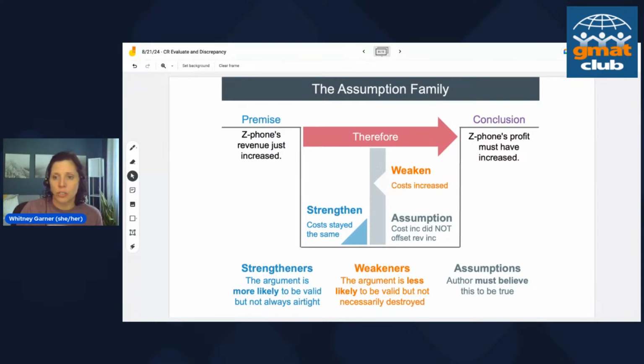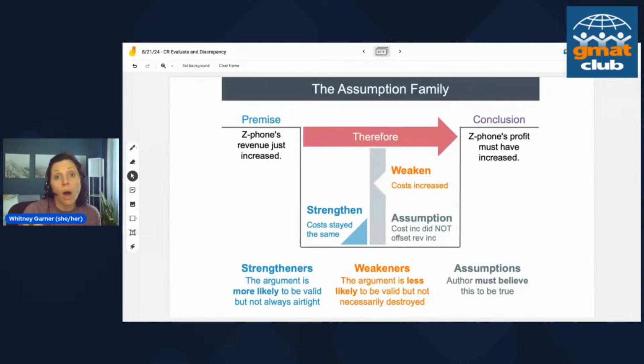So these three question types, technically all true, in this case the strengthen would probably be the strongest of the three, but these are all three correct answers. If the question had asked me to strengthen, this would be a correct answer. If the question asked me to weaken, this would be a correct answer. If it asked me for an assumption, this would be a correct answer.